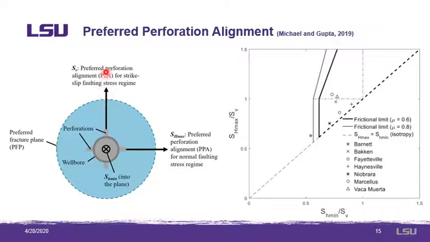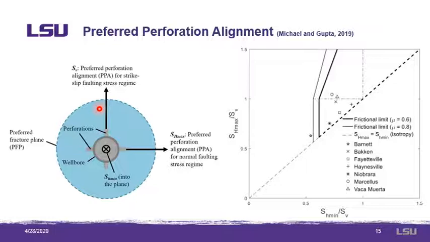hole parallel to SV. This provides justification for using an oriented perforation strategy where perforations of only a single face angle are used in order to maximize the chances of achieving transverse fracture initiation. This assumes that there will be no leakage around the wellbore, which can really be a deal breaker in this case.